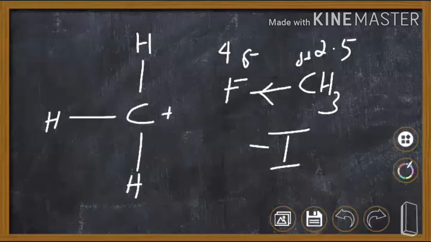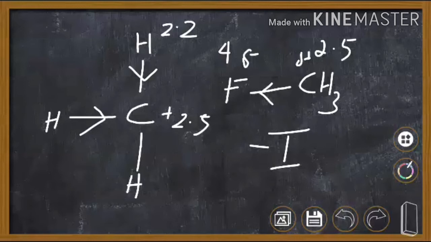Let's check this example. We know that the electronegativity of hydrogen is 2.2 and the electronegativity of carbon is 2.5. According to the electronegativity concept, electron density is more towards the more electronegative element. So while considering the C-H bond, electron will move towards carbon.